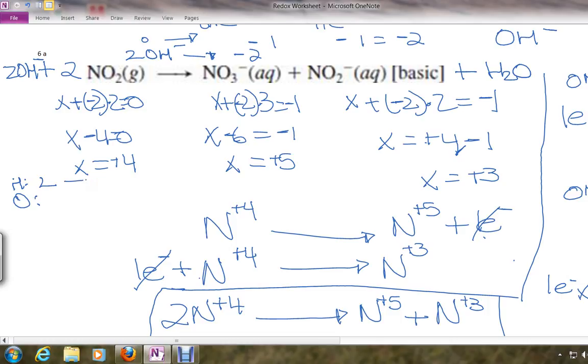2 hydrogen, 2 hydrogen. Oxygen: we have 2 plus 2 by 2 because we got 2 NO2 and 2 oxygens in each molecule. So it's going to be 4. And on the right side we got 3 plus 1 from the water.